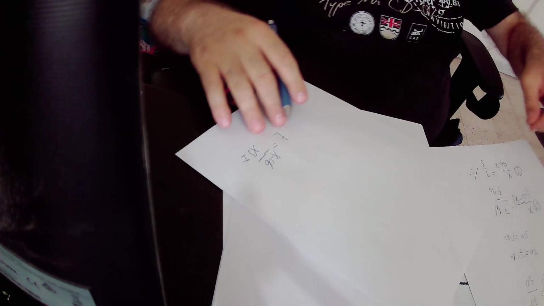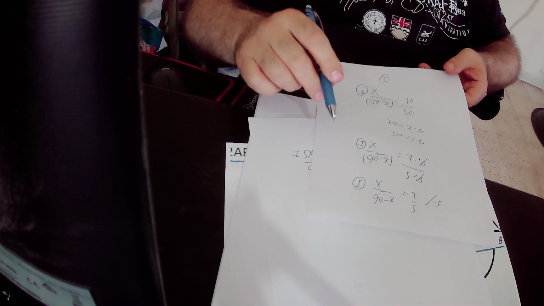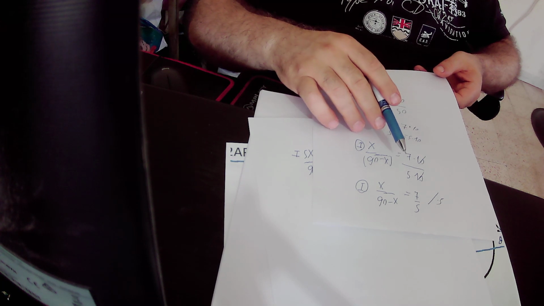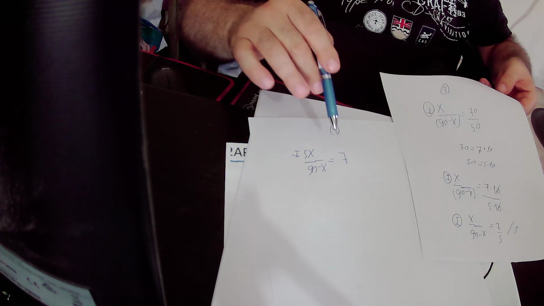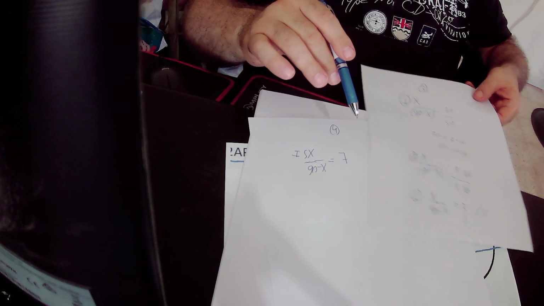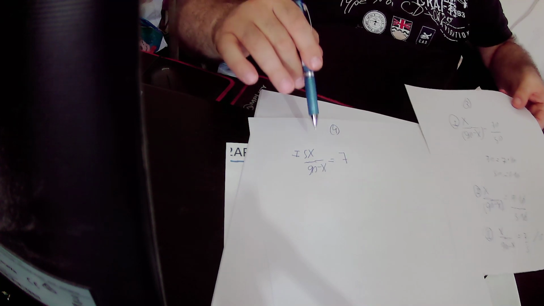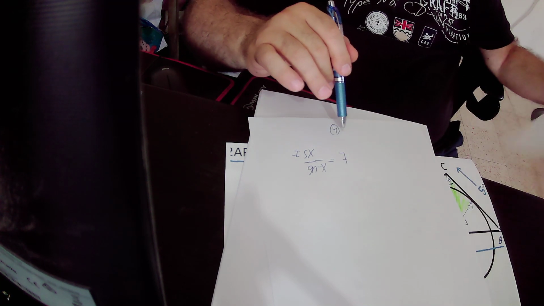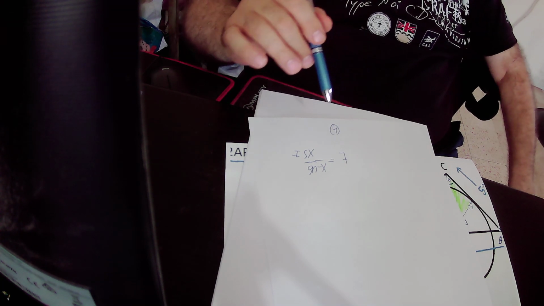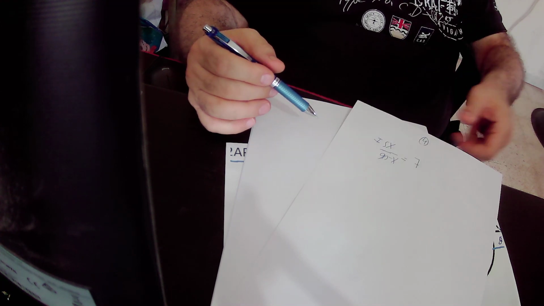Okay, we multiplied both sides of the equation by 5, so 7 divided by 5 times 5 equals 7, and x over 90 minus x times 5 equals 5x over 90 minus x. In the next step we will multiply both sides of the equation by 90 minus x.